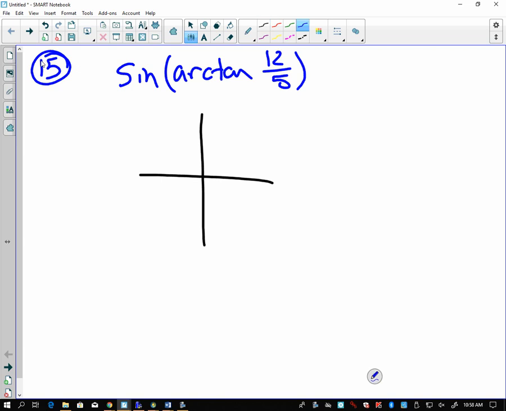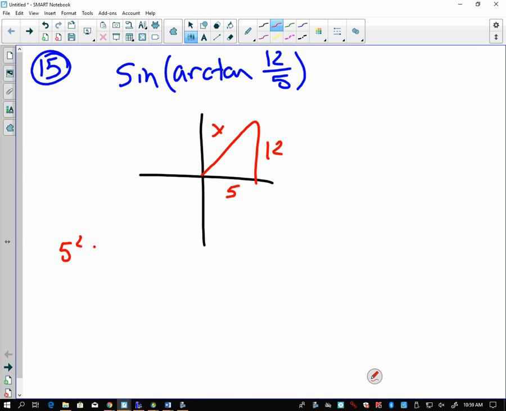Both those numbers are positive, which is going to put me in the first quadrant. Arctan is opposite over adjacent, so 12 over 5. It's asking for the sine, which means we need to find our hypotenuse because sine is opposite over hypotenuse.